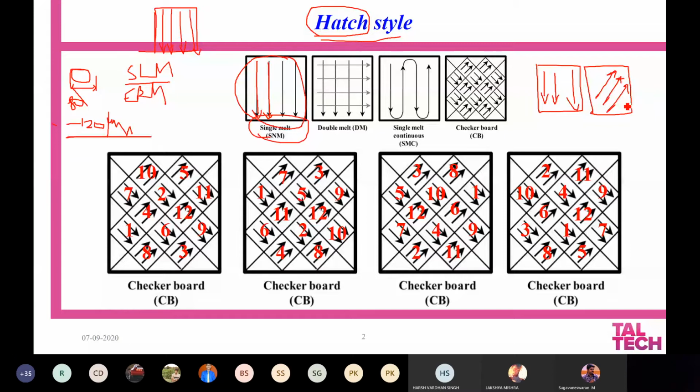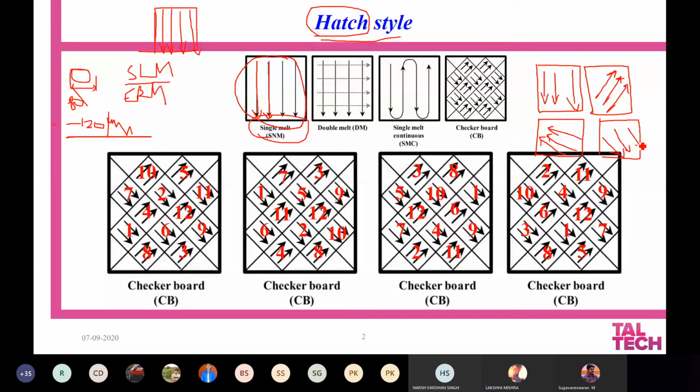It is found that if you rotate each melting sequence by an angle of 67 to 74 degrees, you are going to have the least number of repetitions in the melting sequence that coincide with the same melting sequence if you are going to build a sample of very big dimensions. So if you have minimum repetitions, it means that it is going to have the least porosity that is anticipated. So you try to rotate the melting sequence by 67 to 74 degrees between two layers.